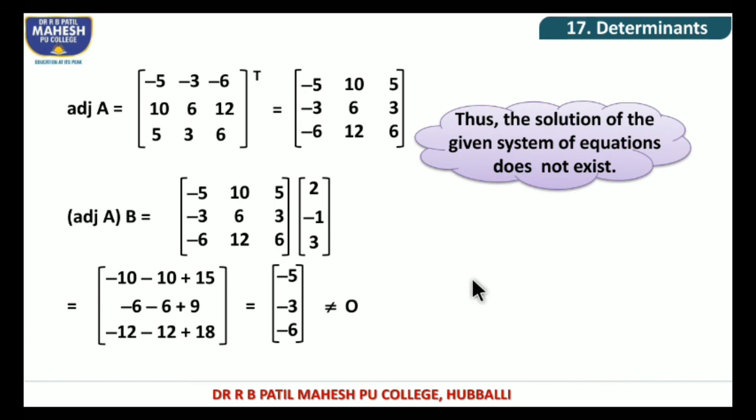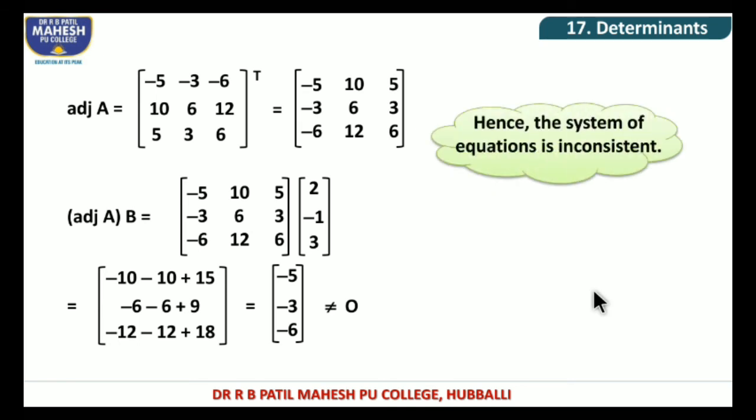Already I told you in the conditions, if it is equal to 0, then the system is consistent. Here, if it is not equal to 0 matrix, then the solution of the given system of equations does not exist. Hence, the system of equations is inconsistent.